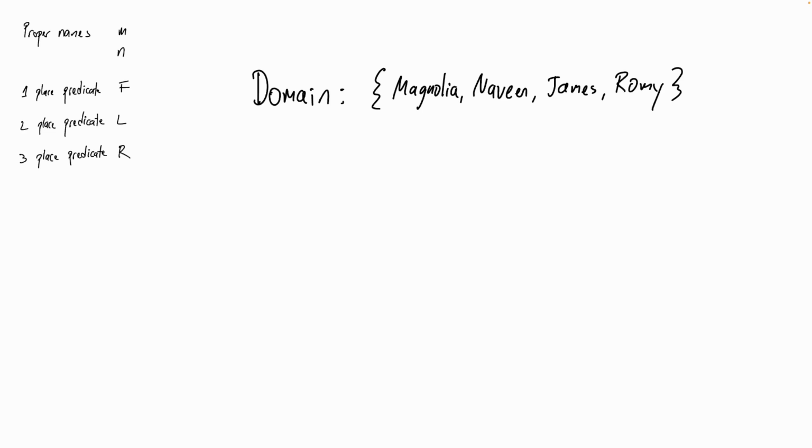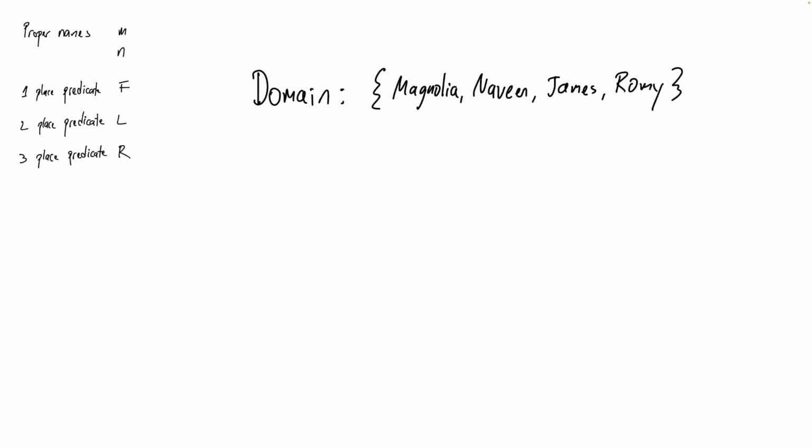So because we want a valuation for a QL language to yield a truth value for each and every sentence of that language, one thing we need a valuation to do is to settle on the set of things that are under discussion, which we call the domain.